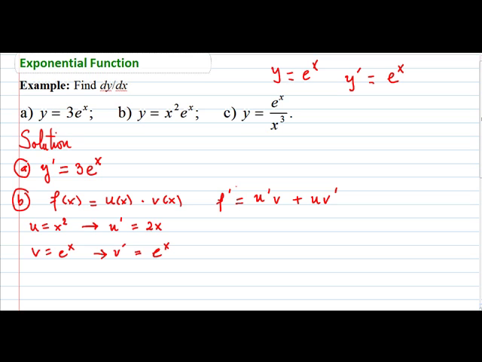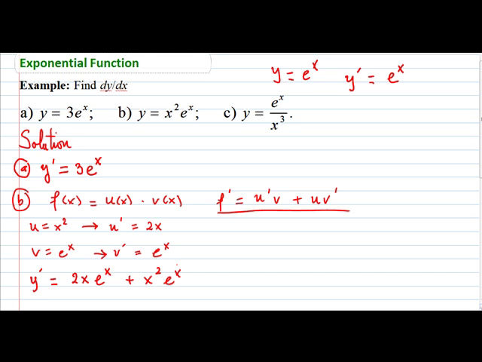So therefore our y prime will be, using this, 2x times v, which is e to the x, plus u, which is x squared, times v prime, which is e to the x.